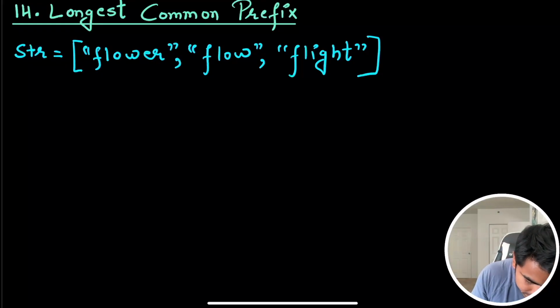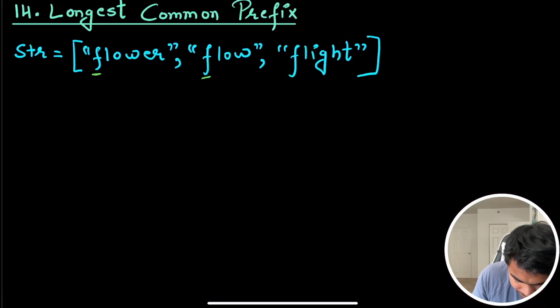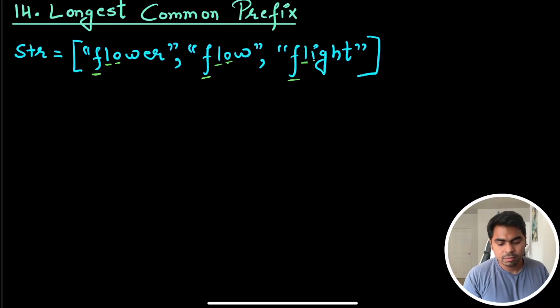So basically, if you see in this example, is F present in all the words? F is present in all the words. Yes. Is L present in all the words? Yes, L is present in all the words. Is O present in all the words? O is present in the first two, but it's not present in the third word.